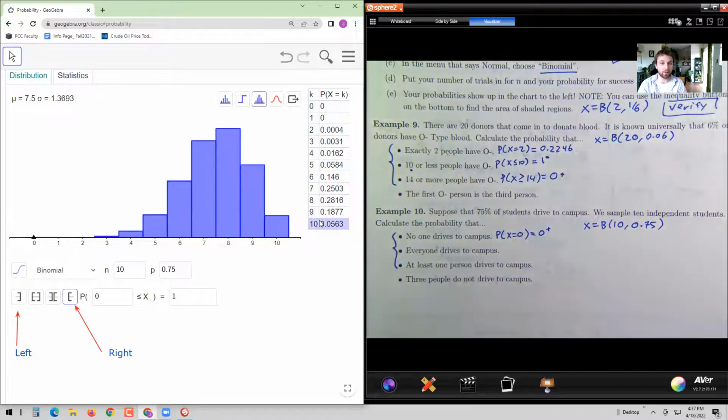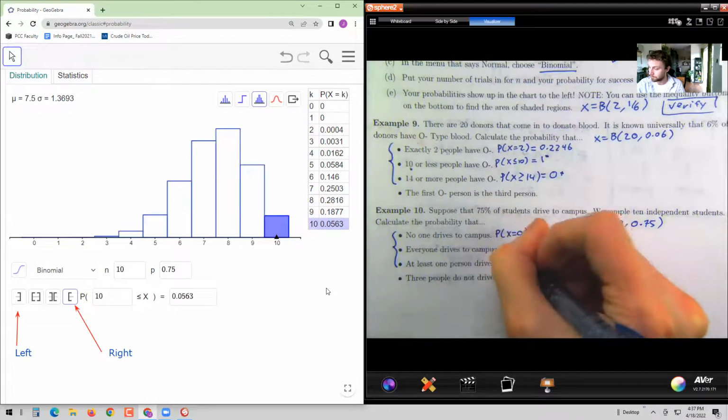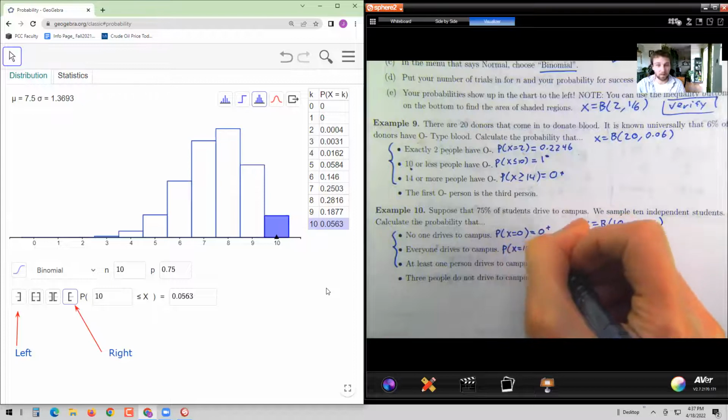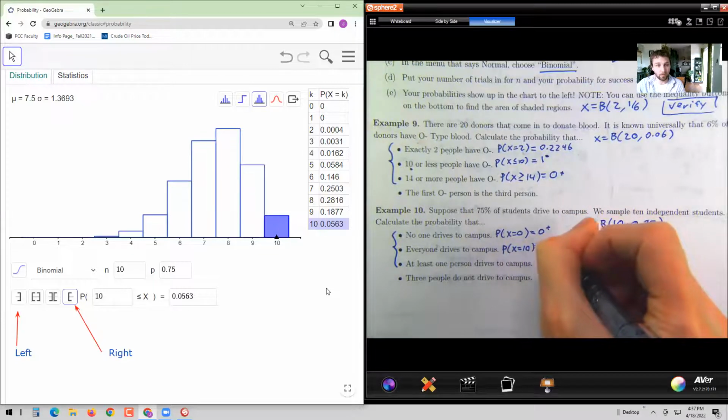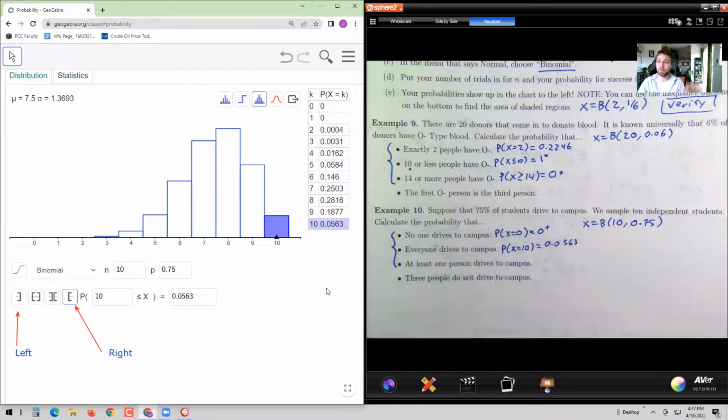Everyone drives, that's all 10 of them. That's 0.0563. I don't have to draw a tree with 10 sets of branches with 75 and 25. It spits out the numbers. I like that. At least 1.